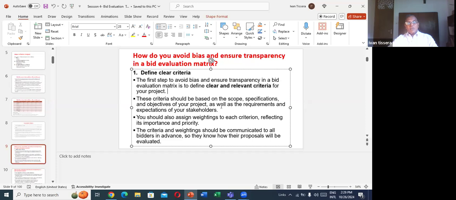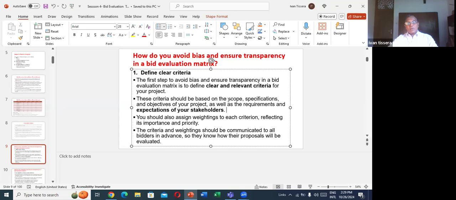These criteria should be based on scope, specifications, and objectives of your project or procurement, as well as the requirements and expectations of your stakeholders, right? So one thing is the objective of the project, the other thing is the requirement and expectation of the stakeholder, the end users.